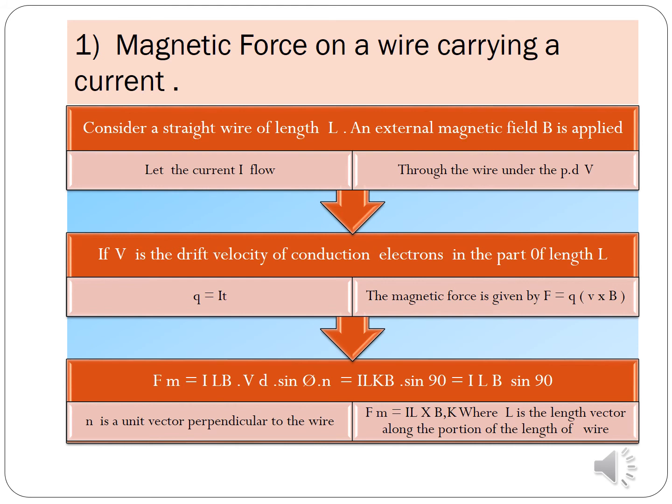Consider a straight length of wire, capital L, placed in an external field, capital B. Let the current, capital I, flow through the wire, and the potential difference applied be V. If vd is the drift velocity of the conduction electrons in the part of length L, then I represents the current flowing, as q equals It, and the magnetic force acting on the wire is given by F equals q v B. So the force acting, Fm, is written as I L B multiplied by vd sin theta multiplied by n.